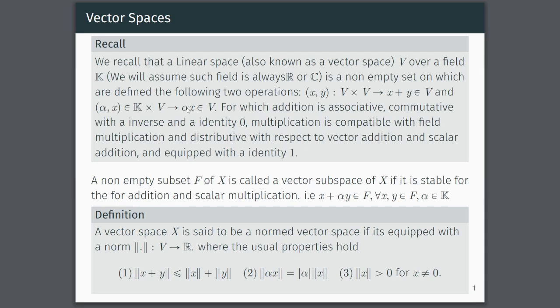So if you take alpha plus beta and multiply, that needs to distribute. Everything you need to have an actual vector space, right? Just in case anyone forgot about that. And a vector subspace is just a subset of X that is stable under addition and scalar multiplication.